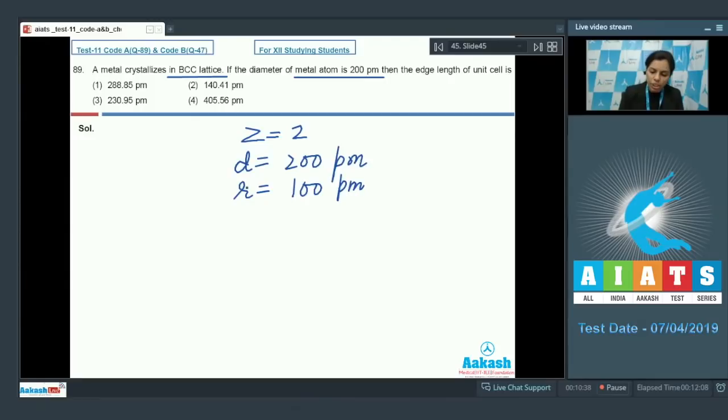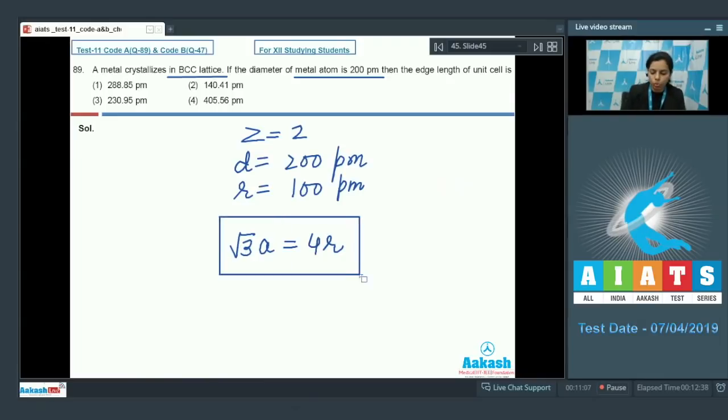Now, the question is, then the edge length of the unit cell is. It means in this case, we need to find out the edge length. We know that root 3 a is equal to 4r. This is the formula that I'm going to use here to find the value of a.